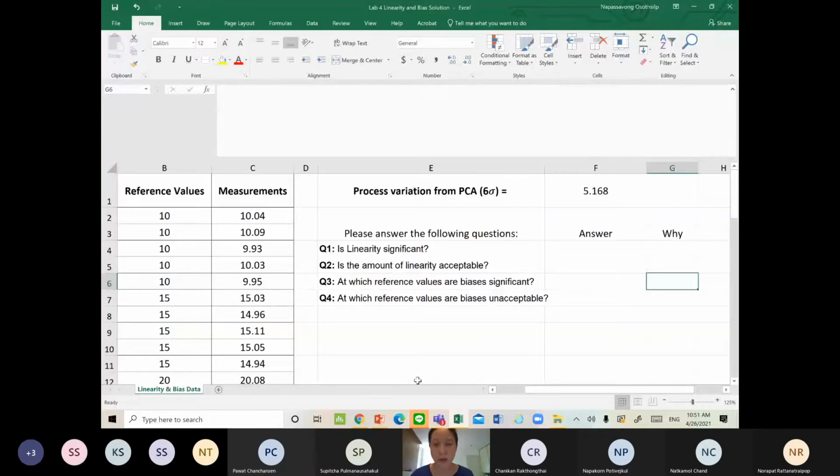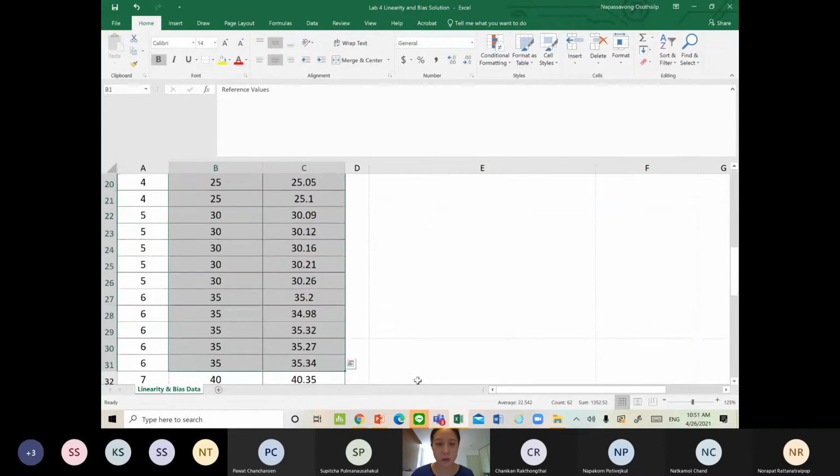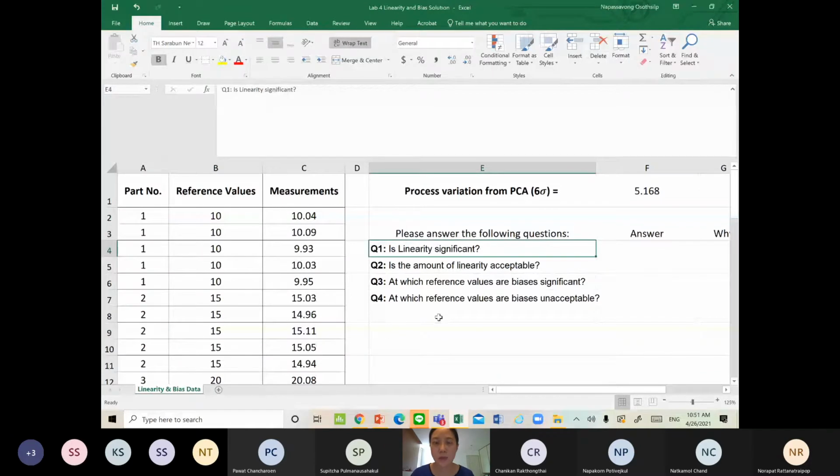Sorry about that. You have to enter the reference values column and the measurements column. You can copy these two columns onto Minitab. The questions are: is linearity significant?